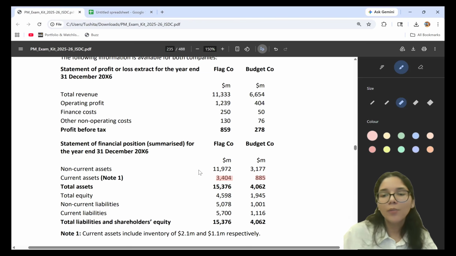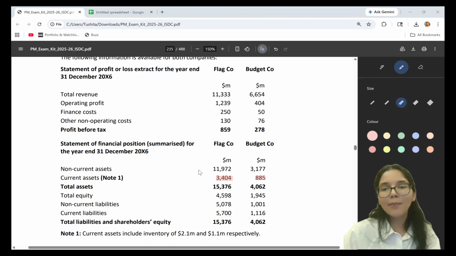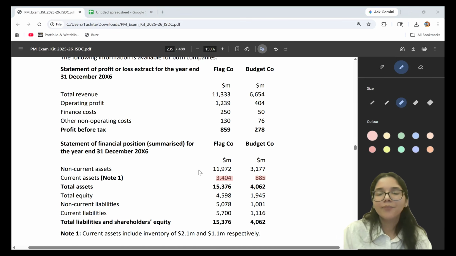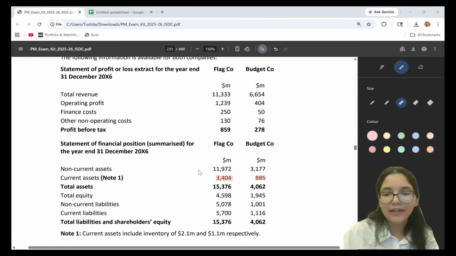Now guys, there are two formulae that can be used to calculate the capital employed. Can you quickly tell me the two formulae? Current assets minus current liabilities, and non-current liabilities plus equity. Yes, absolutely. Either you take the total assets and from that take away your current liabilities, or you take the total of your equity as well as the non-current liabilities. Both approaches are absolutely correct.